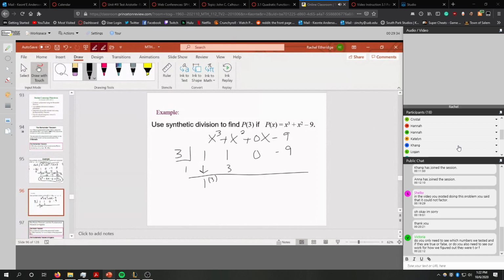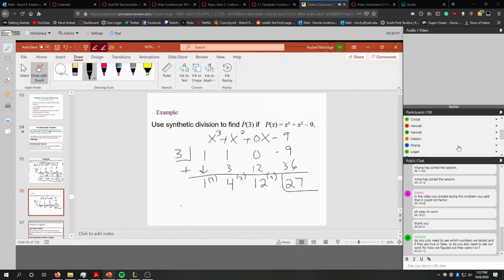I get 3 and I add, multiply by 3 again. I get 12 and I add, multiply by 3 again, and I get 36 and I add. 27 is the remainder. So 27 should be what I get if I plug 3 into that polynomial.